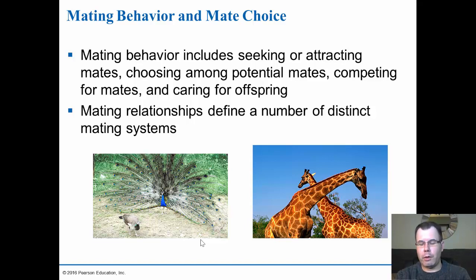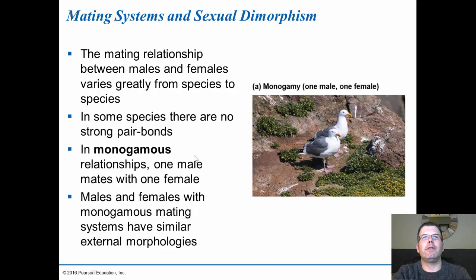Sometimes you have monogamous relationships, and many times you have polygamous relationships where you have multiple males or multiple females in one suit, and it's all about the numbers of offspring in these situations. So we'll take a look at all these different types of relationships. Like I said before, mating relationships between males and females vary greatly from species to species.